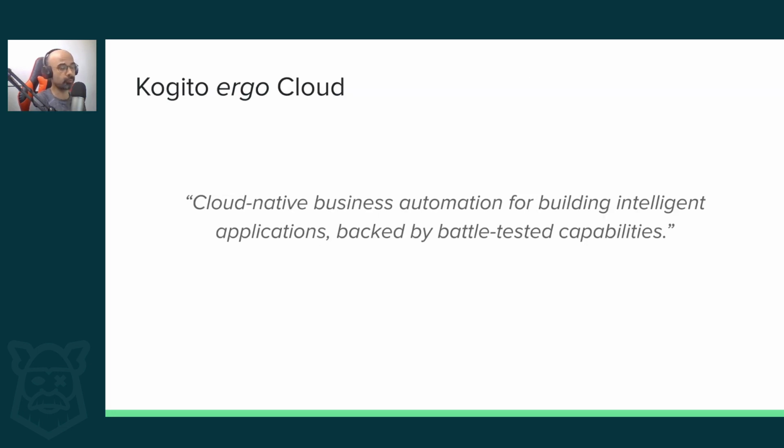And for that, of course, we are going to use the Kogito platform to build this service based on the serverless workflow specification. If you don't know what Kogito is, it is basically a cloud native business automation platform.